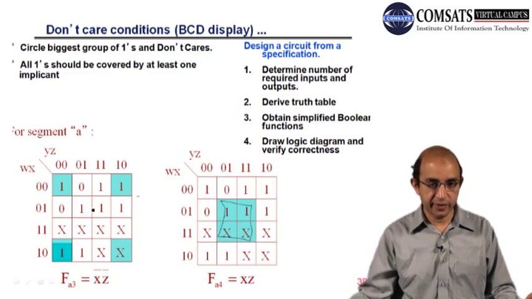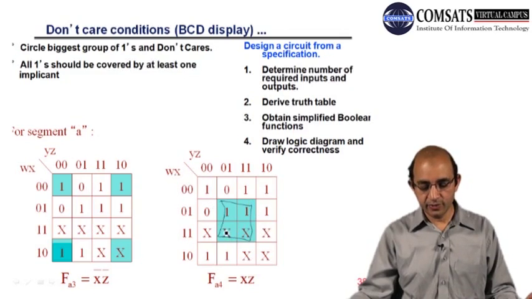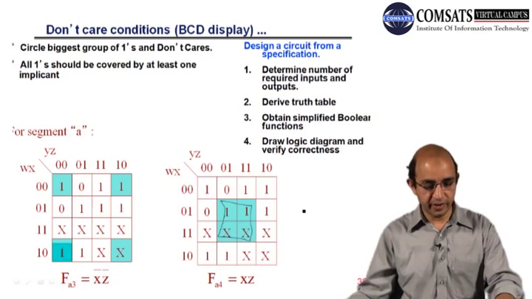As a result of that square, we will have X bar, Z bar. Here we have used one don't care in order to have that square. At the center, we have another square, and two don't care conditions are utilized. So those don't care conditions help us have the maximum possible simplification.